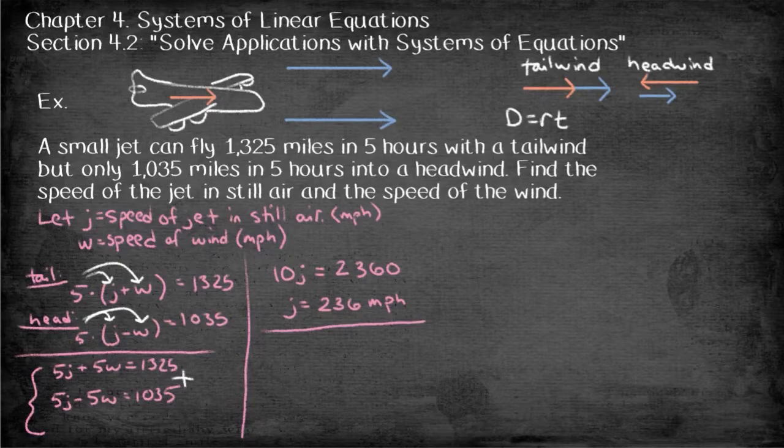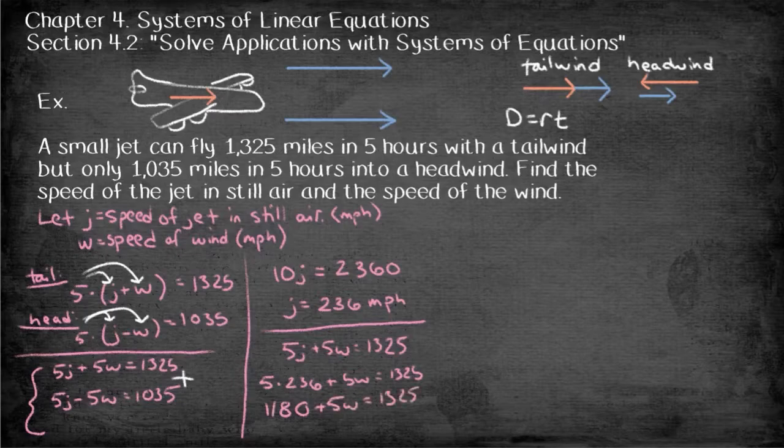From here, we want to figure out what W is. So let's use one of the equations. And we get that W is equal to 29 miles per hour. So let's do our quick check.